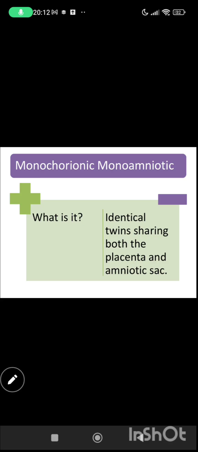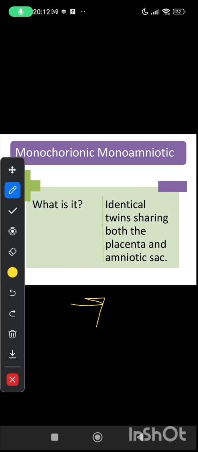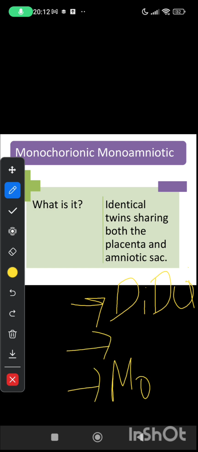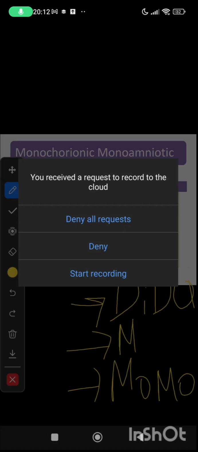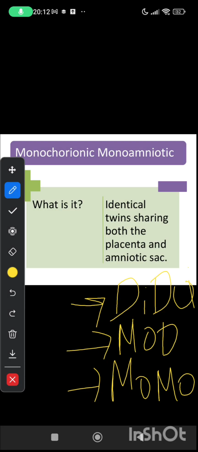There are three chances. Either they could be dichorionic and diamniotic, or monochorionic, monoamniotic, or monochorionic and diamniotic.